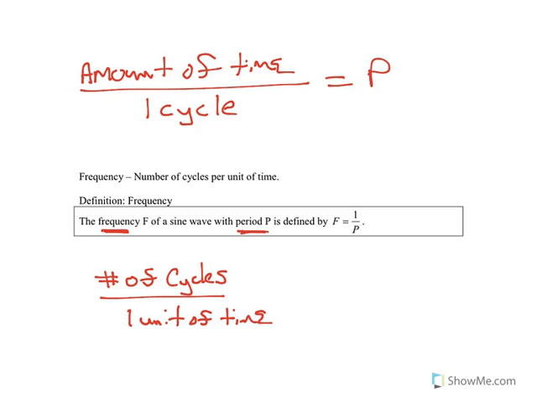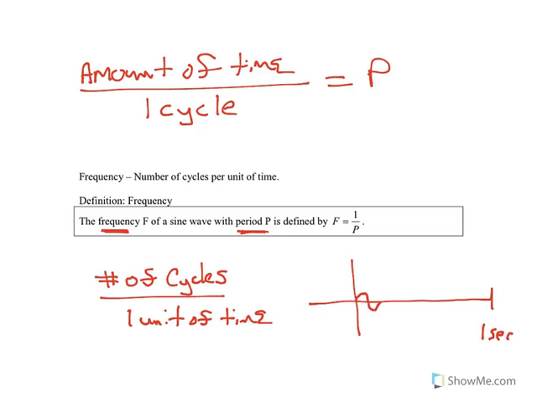So for example, let's say I had a unit of time of seconds. So let's say this was 1 second. And let's say the frequency of the graph was that it repeated itself 10 times within that 1 second.